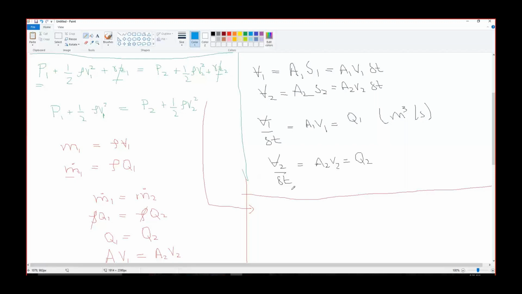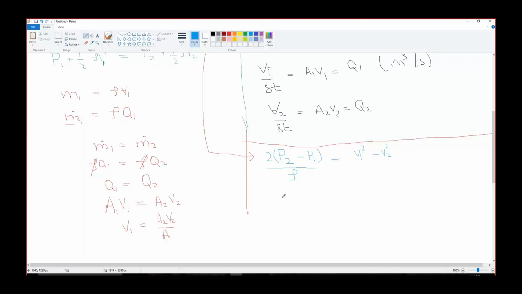I'm writing P2 minus P1 into 2 divided by rho equal to V1 square minus V2 square, right?